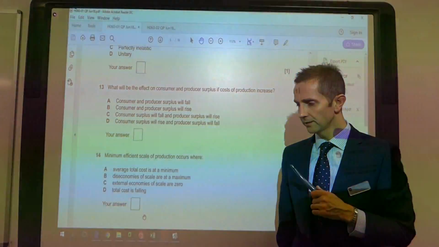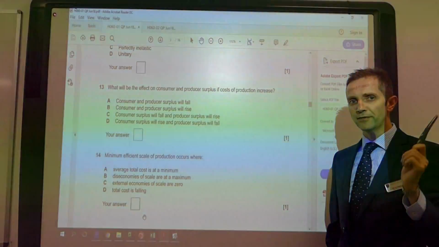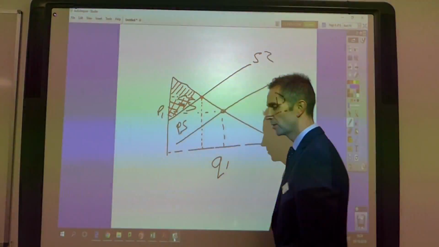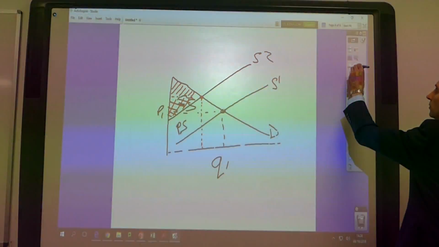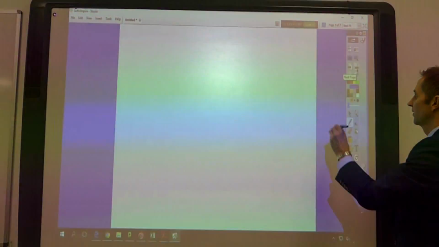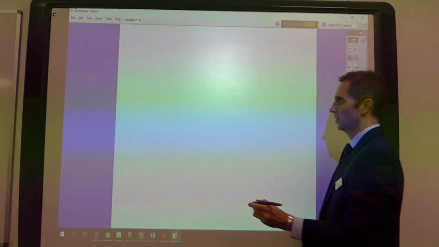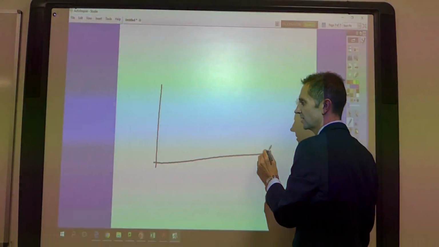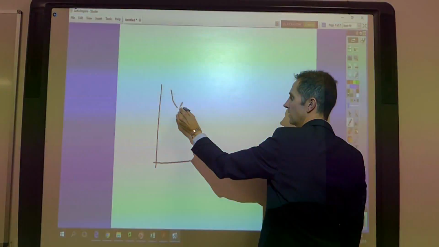And then lastly, 14, minimum efficient scale. So again, we're thinking about our short run and long run cost curves of the firm. So the SACs and the LACs is the diagram that comes to mind.